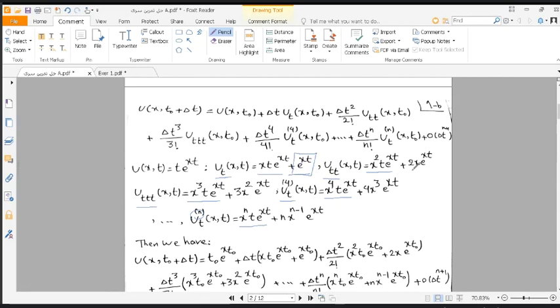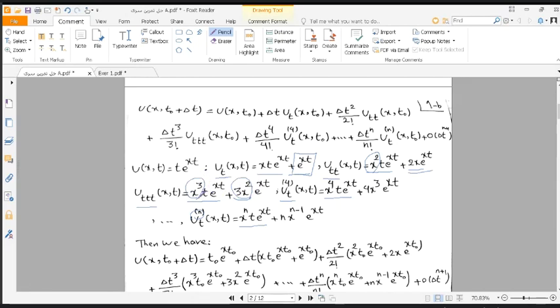Okay? The last term in the derivative: for the first derivative, we have e to the power xt. For the second derivative, we have 2x e to the power xt, the derivative of x squared. For the third derivative, we have 3x squared, which is the derivative of x cubed with respect to x, times e to the power xt.